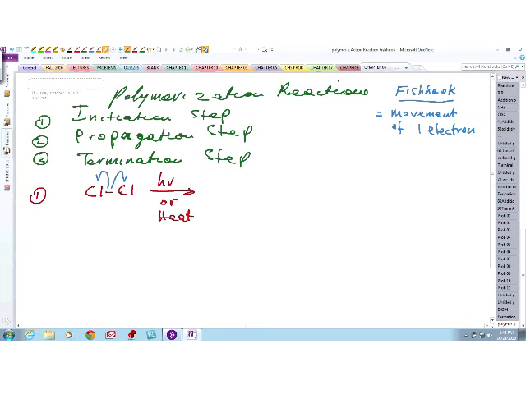So what are we doing here? We are going to cleave this chlorine-chlorine bond homolytically so that 1 electron goes to this chlorine, the other electron goes to this chlorine. So therefore, what we have are what we call free radicals.